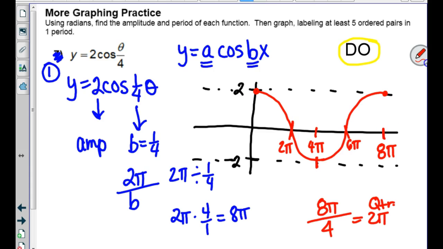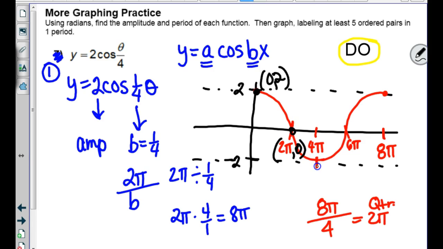6 pi. Okay. Now, you need to write ordered pairs. So this first ordered pair was what? 0, 2. This one is 2 pi, 0. I'm not going to try and write it twice.